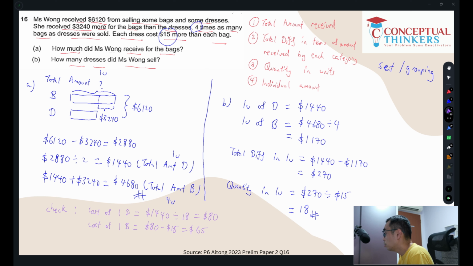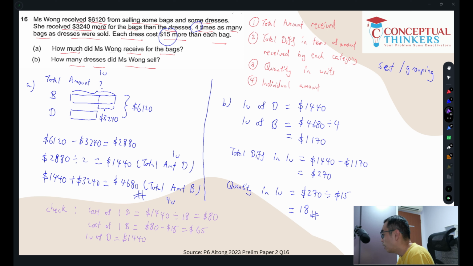So I get $65, because they say that a dress costs $15 more than a bag. Okay, next let's find out the total amount in terms of 1 unit of dress and also 4 units of bags. For 1 unit of dress, we already have it from our calculation, so I will not do any calculation for this.